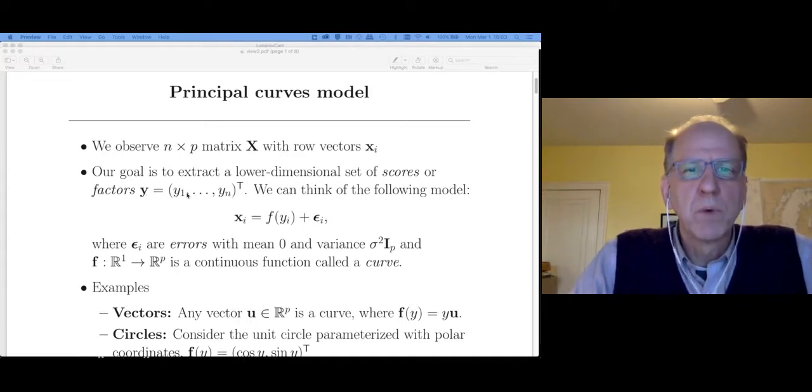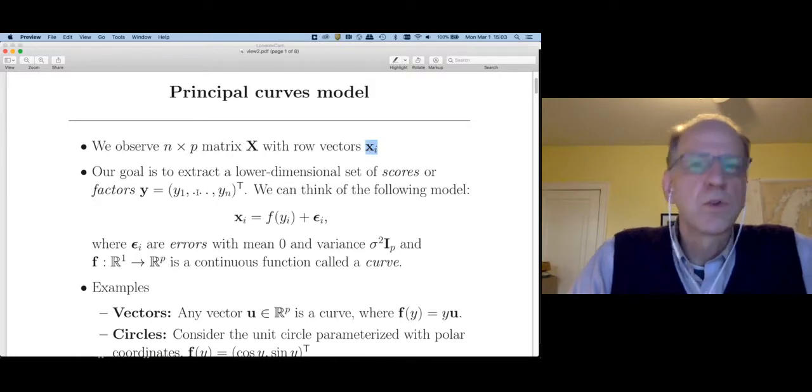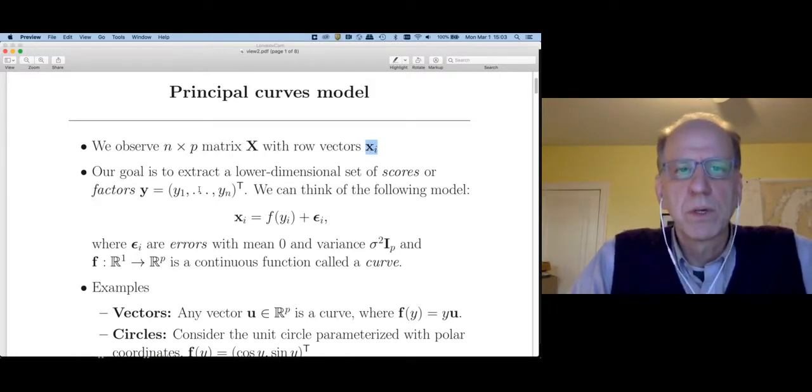So y sub 1 through y sub n, each of which is a scalar quantity, is going to be this lower dimensional score. I want to take these p-dimensional x vectors and find one-dimensional scores. For right now, we're only going to consider one dimension at a time.